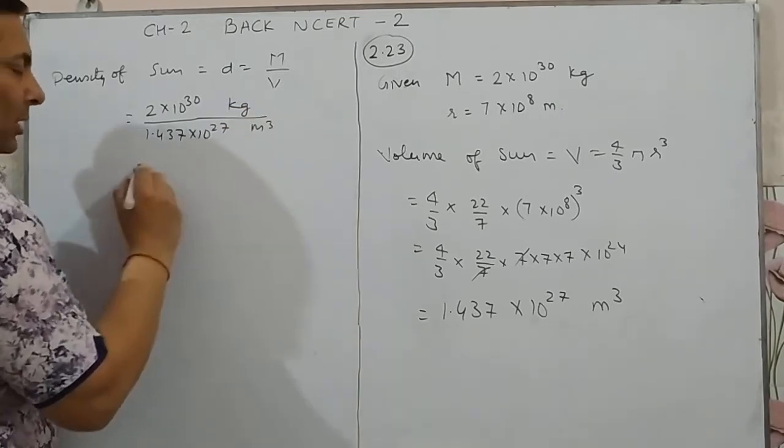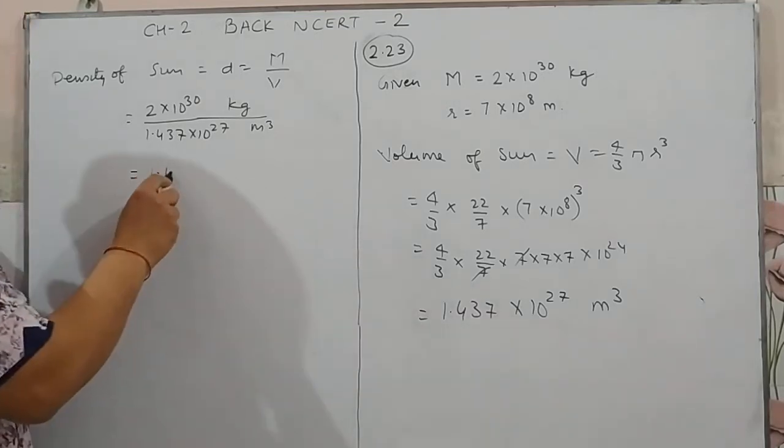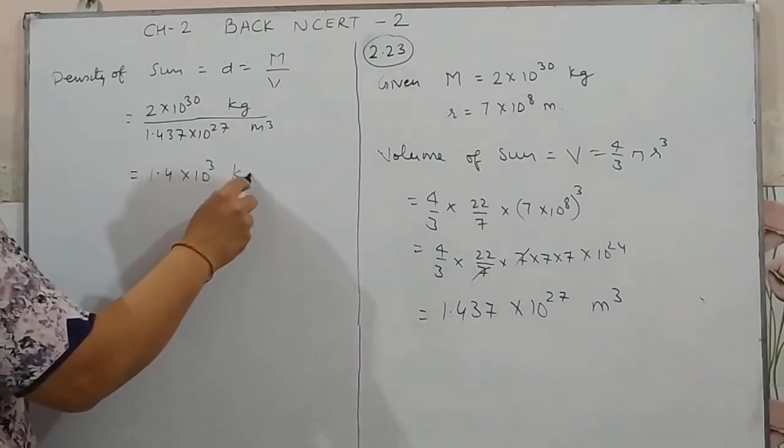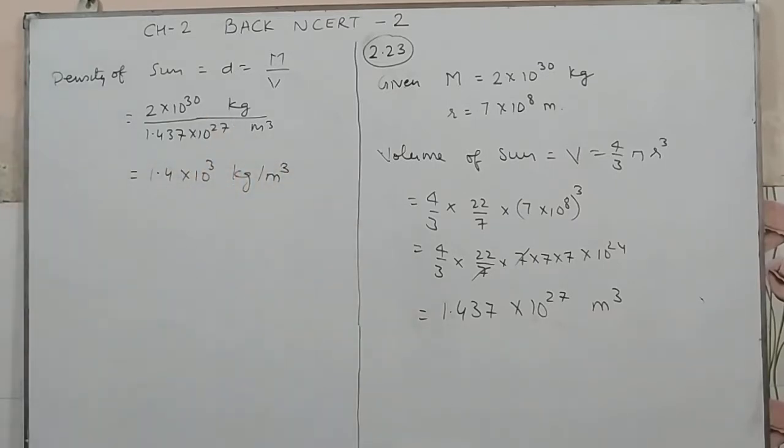So the result is 1.4 into 10 raised to power 3 kilogram per meter cube. And this is the density of the Sun.